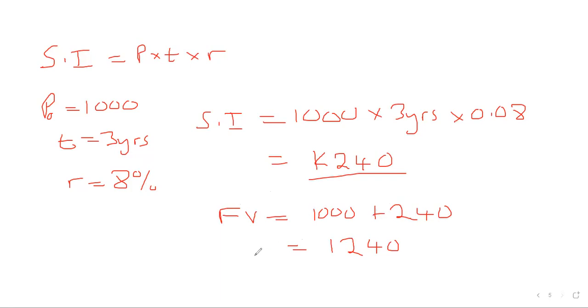Now, this is when we are compounding on an annual basis. To compound is simply to add interest. In this course, you need to familiarize yourself with these terms. When interest is compounded annually, it means you're earning interest once. When interest is compounded semi-annually, you're earning interest twice.